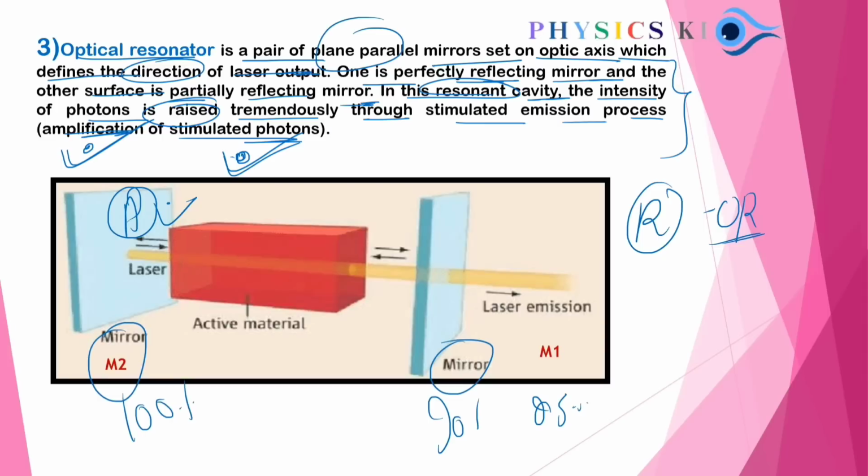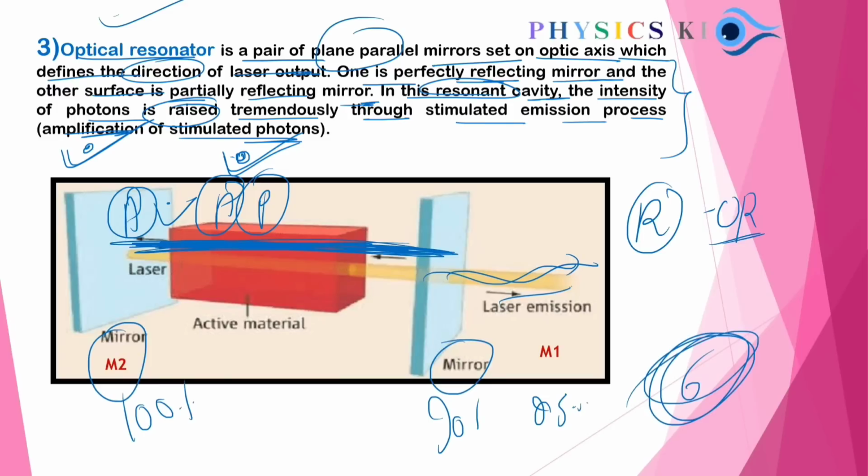Multiple reflections happen, and due to multiple reflections the photons are amplified, and that's why we get laser emission. This is the role of the optical resonator. Got the idea? So up to this you get 6 out of 6 marks in this particular question.